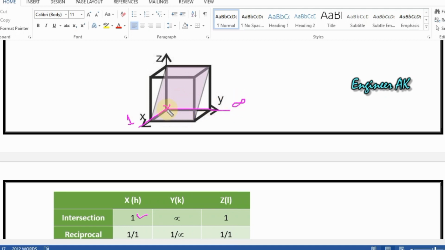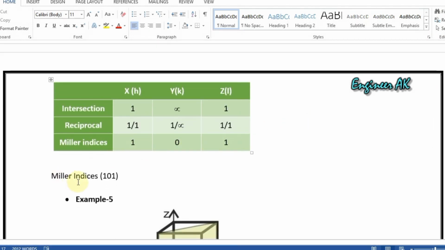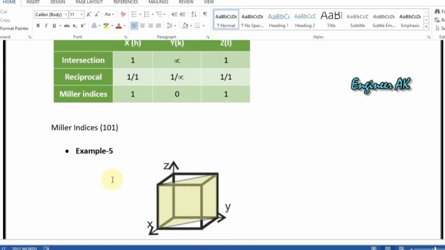They are not touching, but they are parallel to this. And if I move along the z-axis, it is again cutting at 1. So at y-axis infinity, z-axis 1, taking reciprocals, 1 over 1 is 1, 1 over infinity gives us 0, and 1 over 1 is 1, so it will give 1 0 1. Its Miller indices is 101.